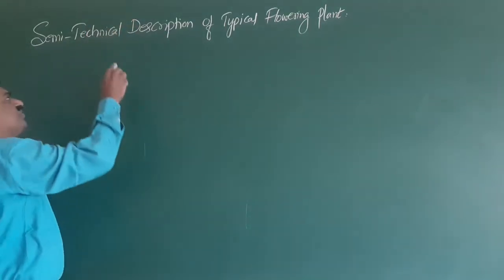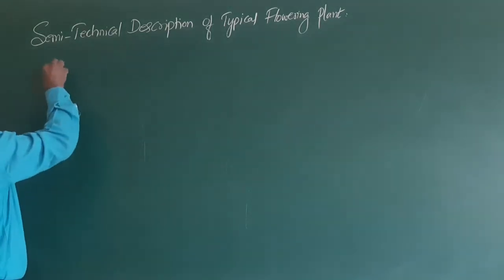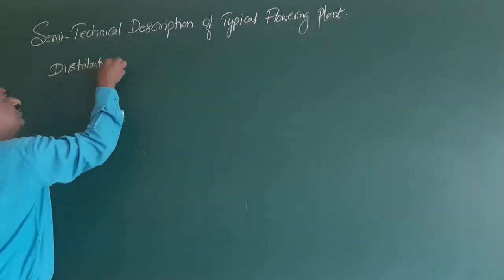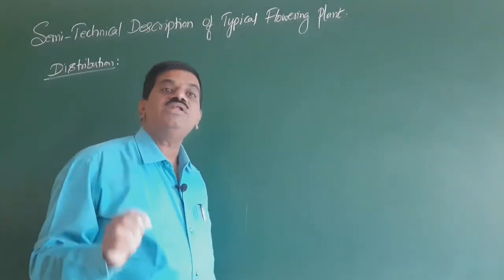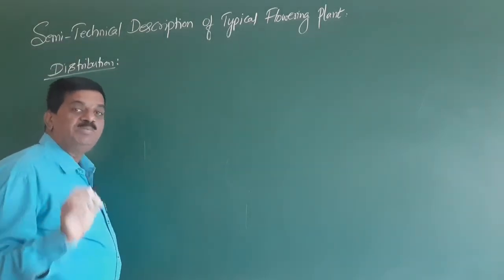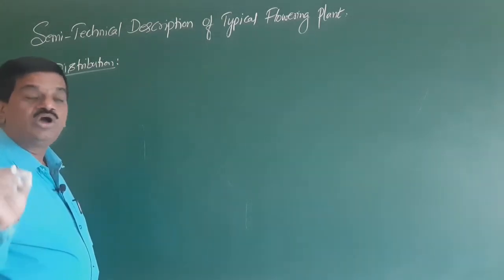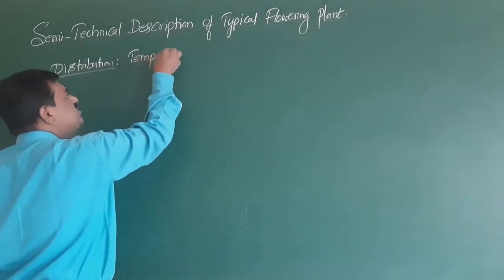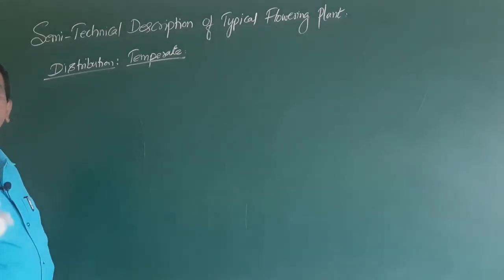When you are describing the plant in detail, we always start with distribution. The word distribution is nothing but where the plant exactly grows: whether the plant is growing in a temperate region, a tropical region, semi-temperate, or Arctic. Based on the region where the plants are growing, that is written in the description.